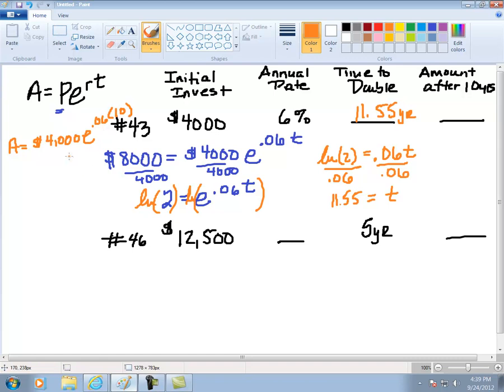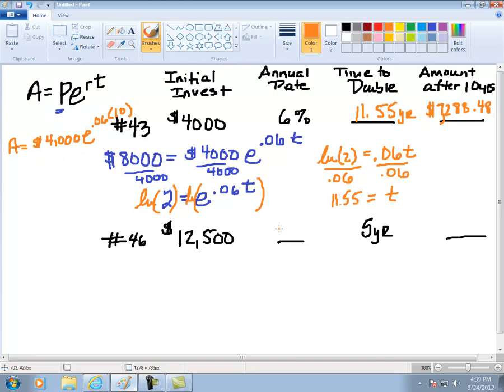Plugging all that into our calculator, we would get $7,288.48 after 10 years. It's not quite double. Again, make sure you can plug this into your calculator and get this number.